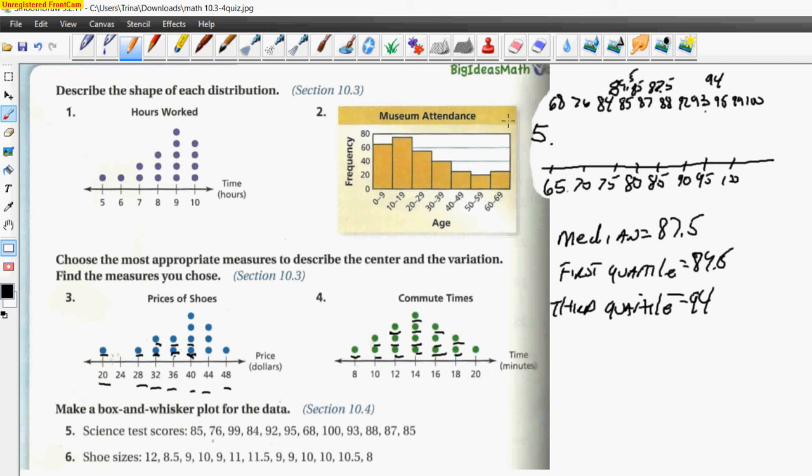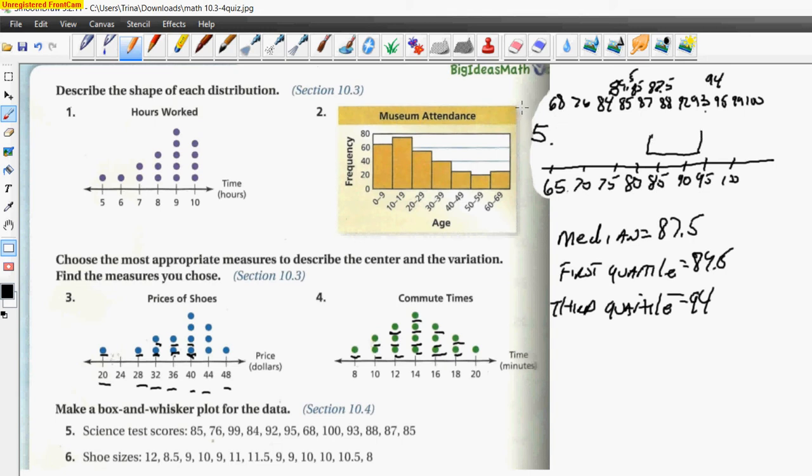Now let's write the actual, of course, box and whisker. Let's take a look at that based on the graph that we basically have right now. And we're going to look at it and see how we get this thing going for you. We're going to start where we're at. We get as close to that 84.5 as we possibly can, and as close to that 94 as we possibly can.